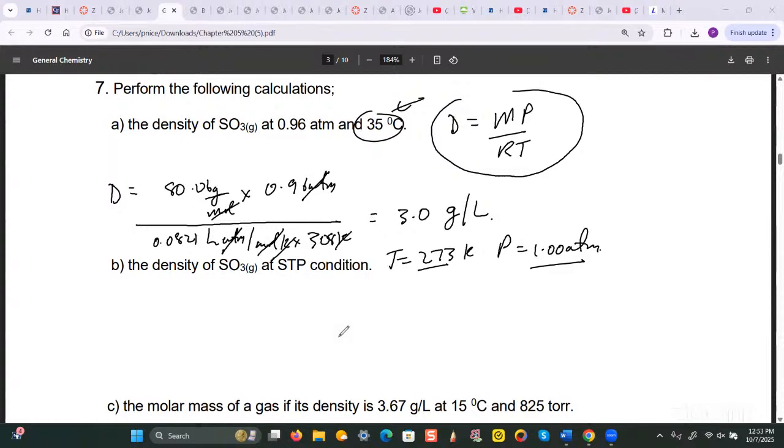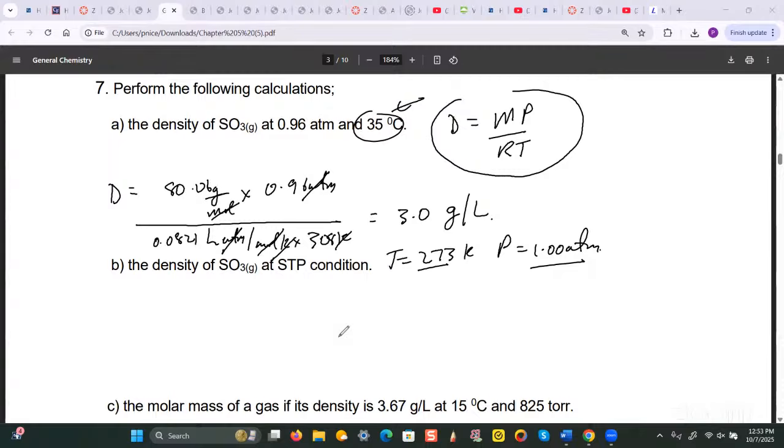What does the term molar volume mean? Yes, ma'am. The volume occupied by one mole of. Exactly. The volume occupied by 1 mole of a gas, right?